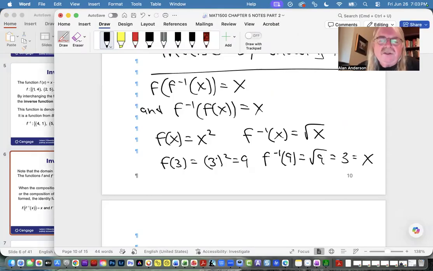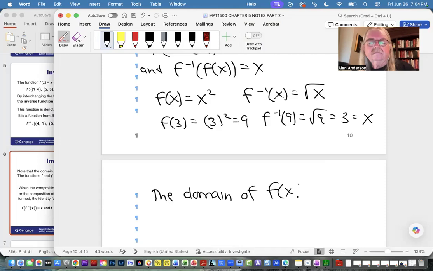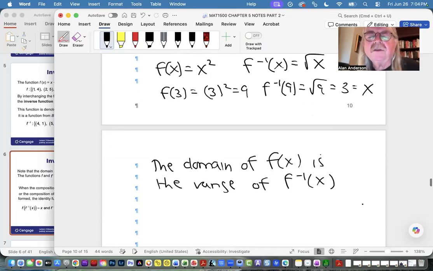Oh, and one more thing they're mentioning down here at the bottom. The range and the domain are reversed with the function and its inverse. So in other words, the domain of f of x is the range of f inverse of x, and the range of f of x is the domain of f inverse of x.